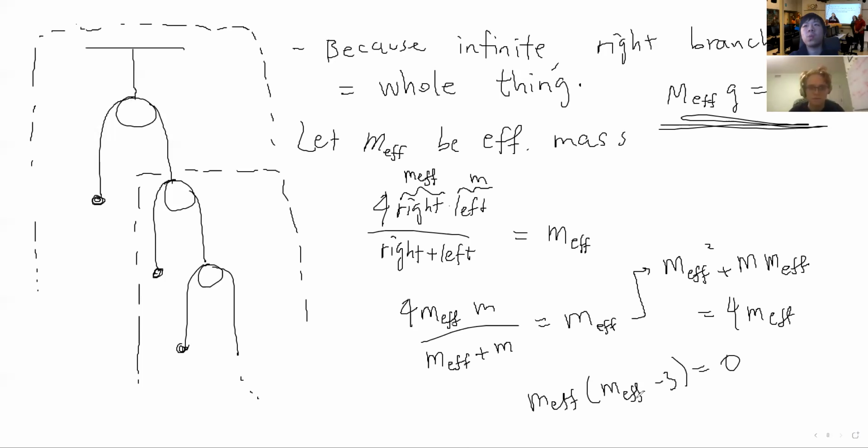Wait, did I mess this up? Oh, minus 3m. Yeah, okay. Did I factor right? I did. Okay. So then this concludes that the mass effective is equal to 3 times the mass of one of these little balls.